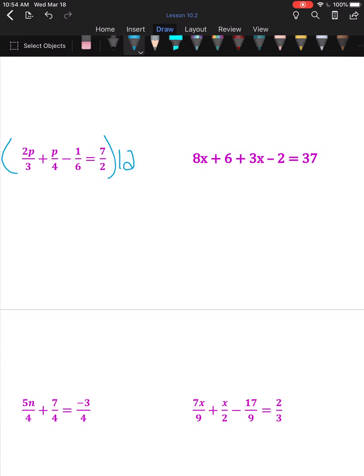Okay. To multiply a whole number in a fraction, the easiest way to do it is take the whole number, in this case 12, divide it by the denominator, and then multiply what you get to the numerator.